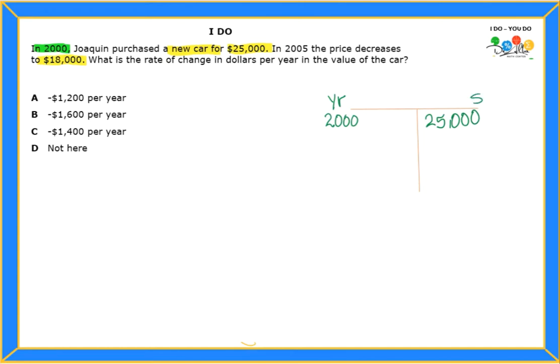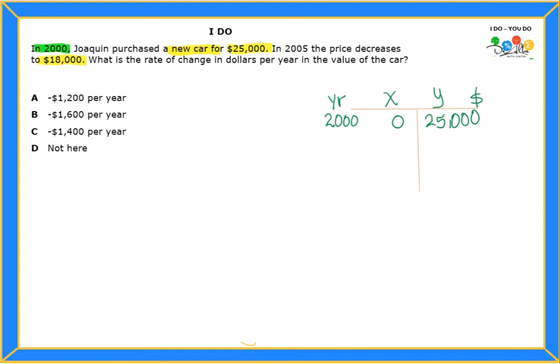Okay, so this is money. The year 2000 represents when he first started, so we're going to write down my X and my Y values, and the year 2000 represents 0, because that's when he started. So that's my 0 year.